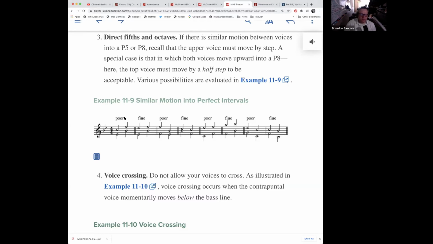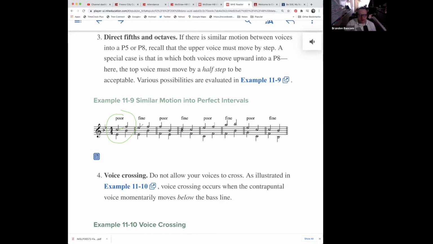So, this is poor because why? Both move in similar motion into a fifth, but the soprano did not move by step. It moved by leap.